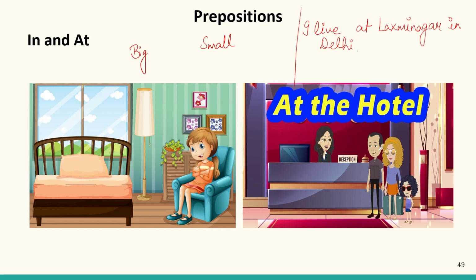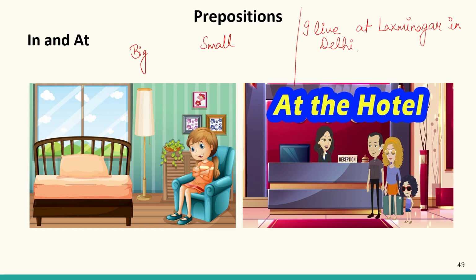One is Lakshmi Nagar and another is Delhi. We know very well that Delhi is a bigger place as compared to Lakshmi Nagar. So we can write I live at Lakshmi Nagar in Delhi because we know well that Lakshmi Nagar is smaller as compared with Delhi.